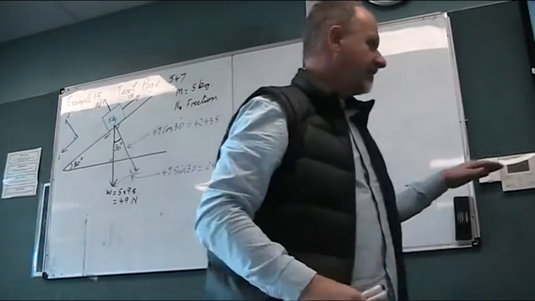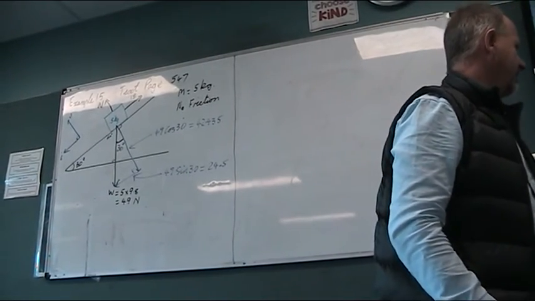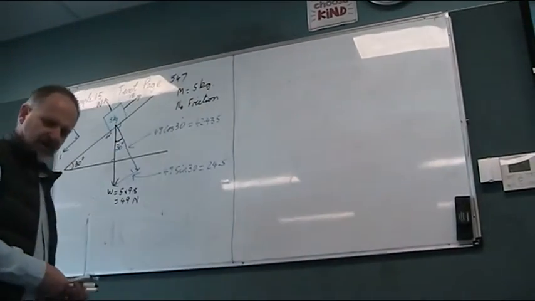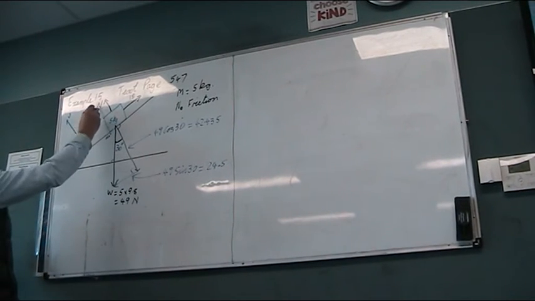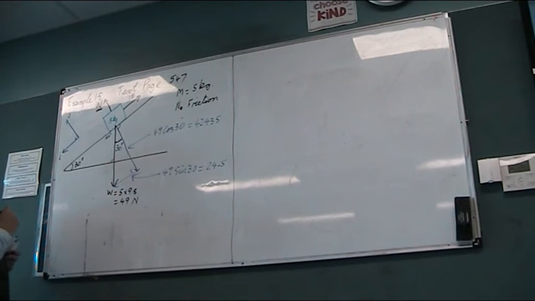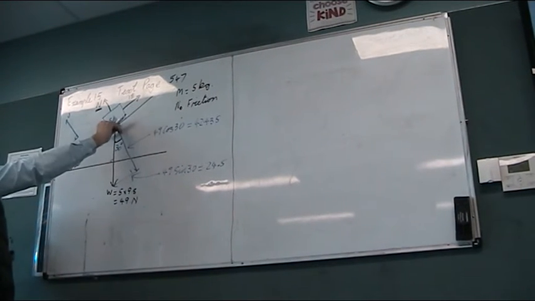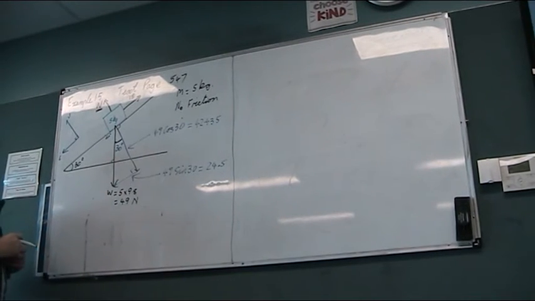So let's check back to here. Find the acceleration of the particle down the inclined plane and the reaction force. When they're talking about the reaction force, they're talking about this one here, the normal reaction force, the reaction of the plane pushing on the thing there.